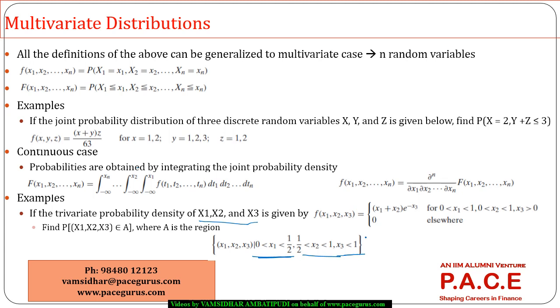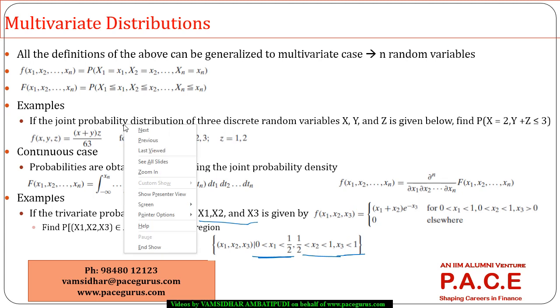So first of all, here I don't need to really check whether it's a density function or not, but if at all I have to check, I have to integrate over the entire area and see if the probability is 1 or not. So to check whether it's a valid joint probability density function, I'll integrate 0 to 1 for x1, 0 to 1 for x2, and 0 to infinity for x3.